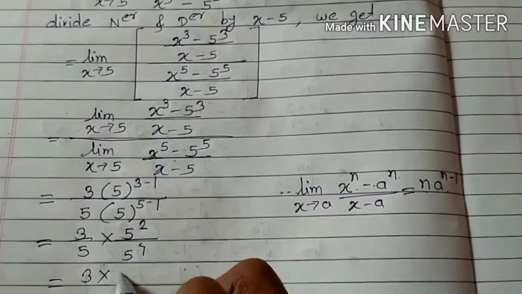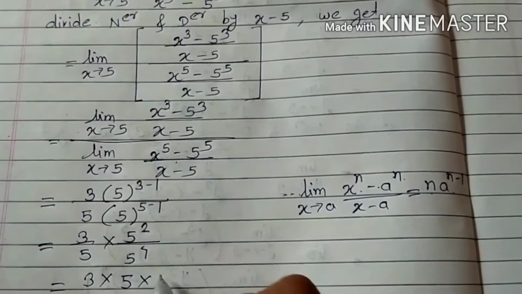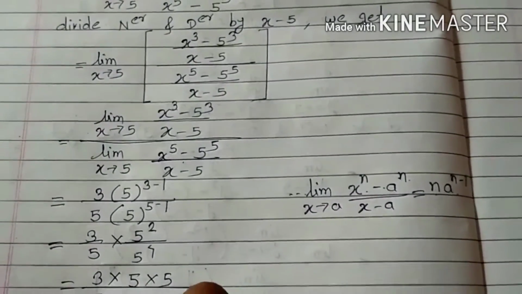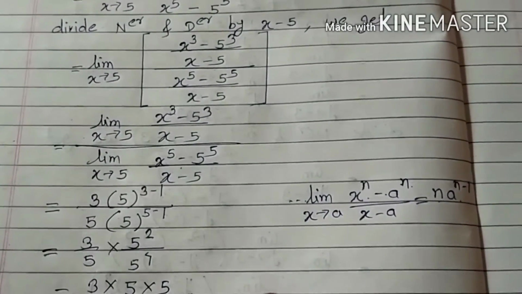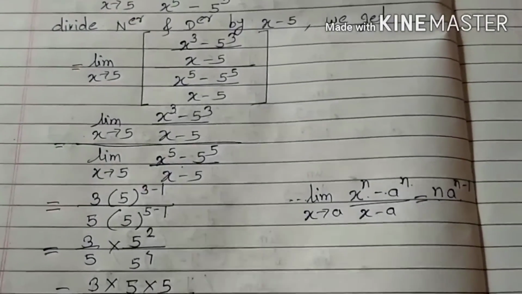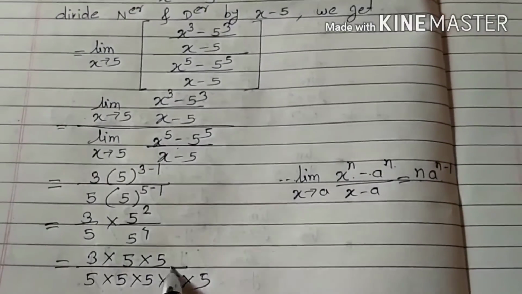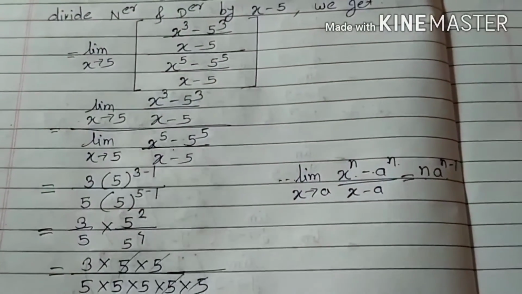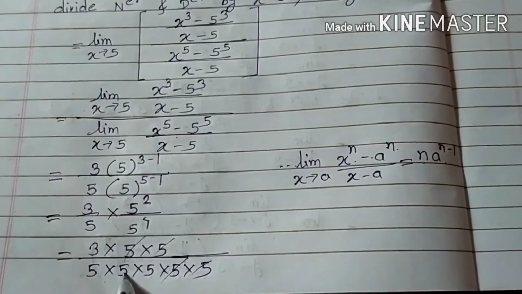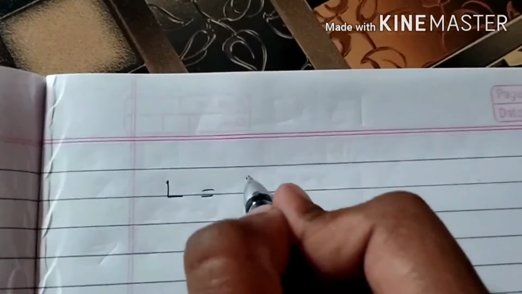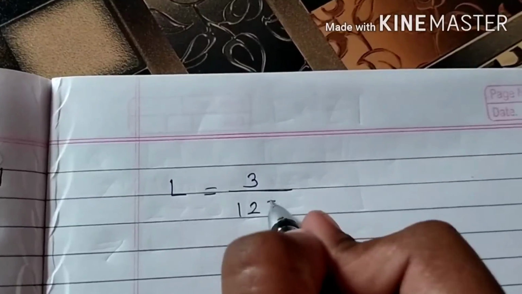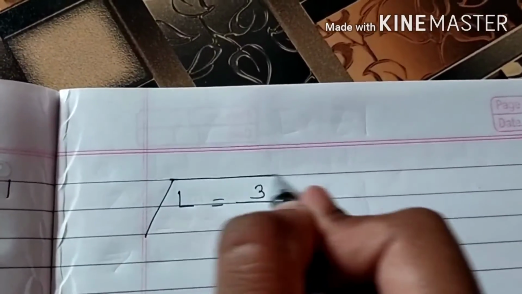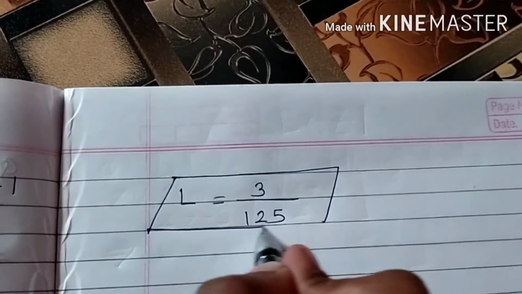So 3 into 5 square upon 5 into 5 into 5 into 5. The 5s get cancelled, giving 3 upon 5 times 25, that is 3 upon 125. So our answer is L equal to 3 upon 125. This is our answer of the limit.